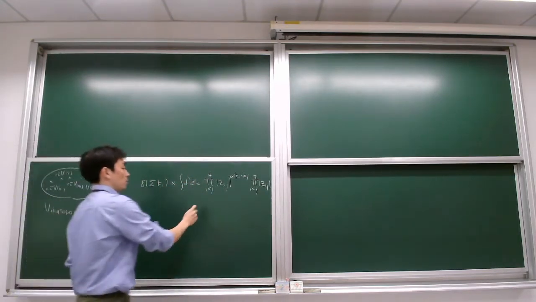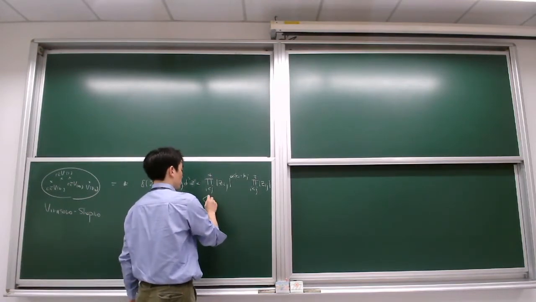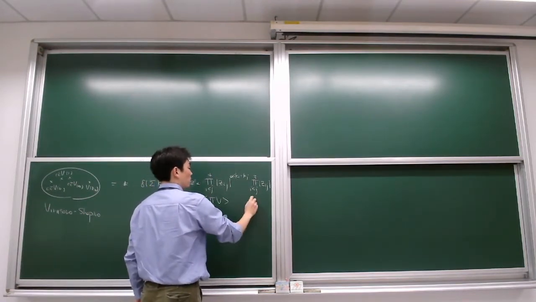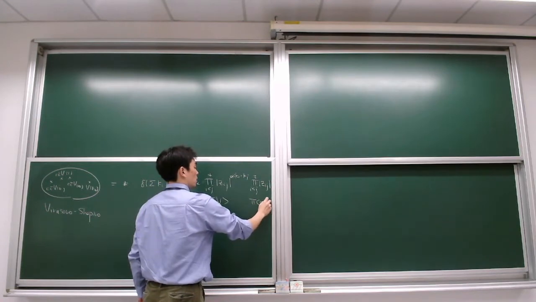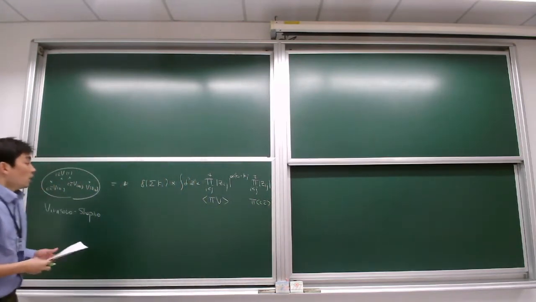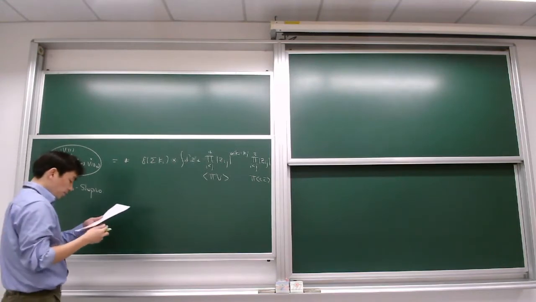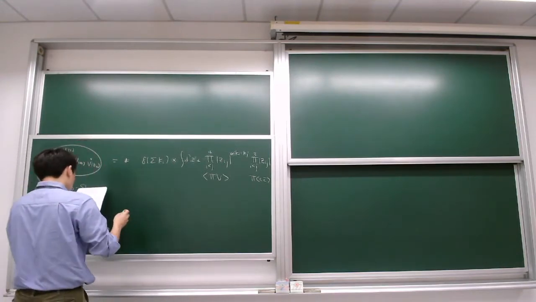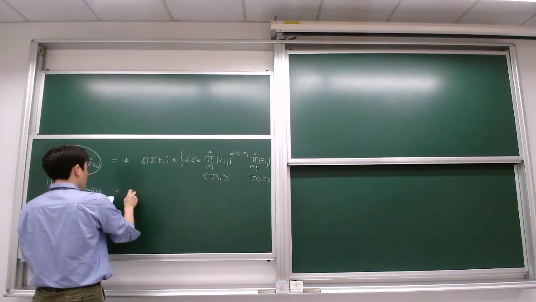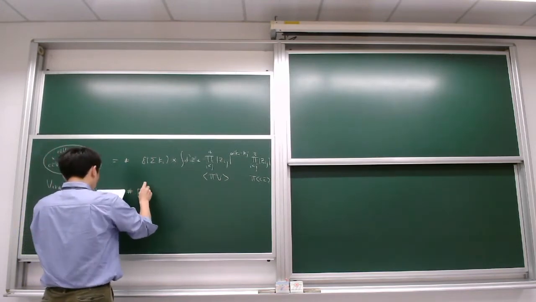This is coming from the vertex operator, product of b, and this is the product of c. If you carry out this integration, it will give you something like a hypergeometric function.